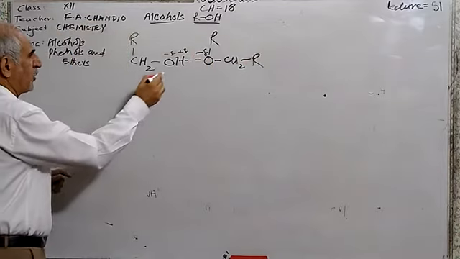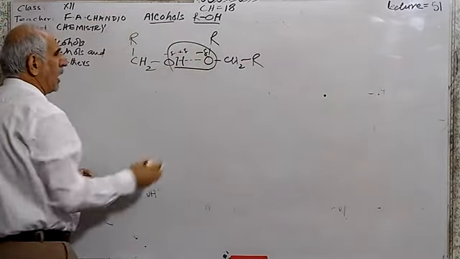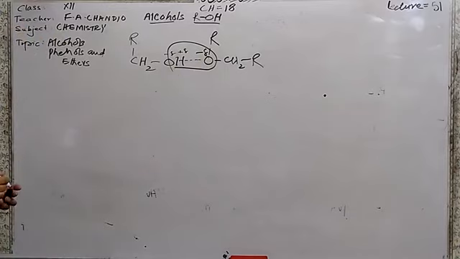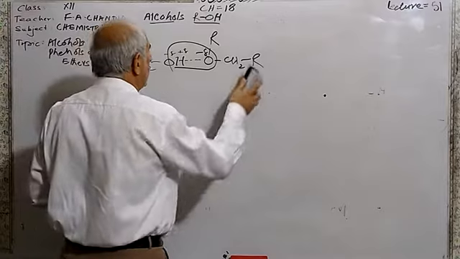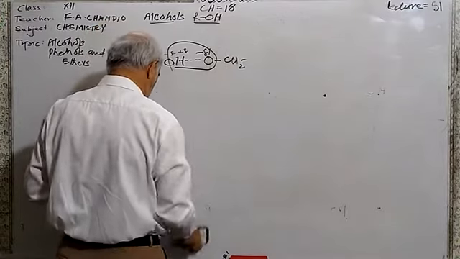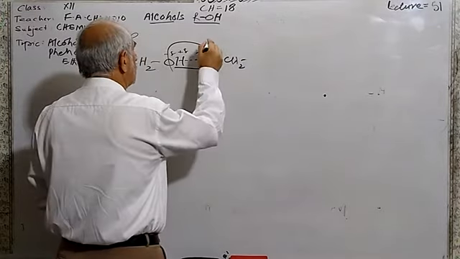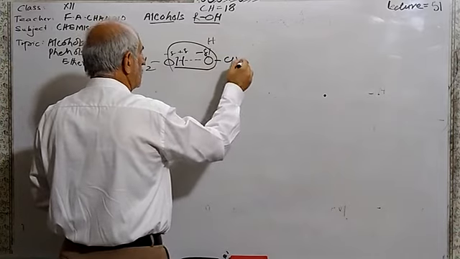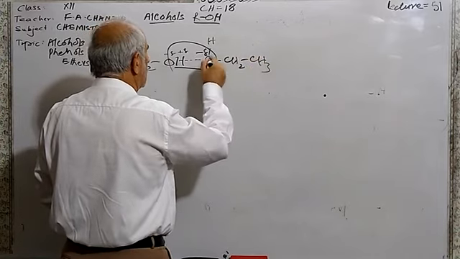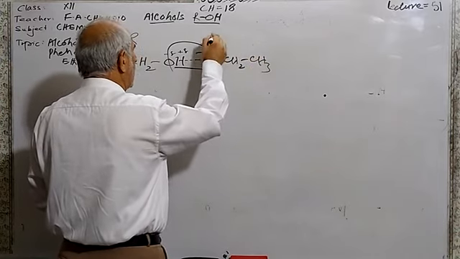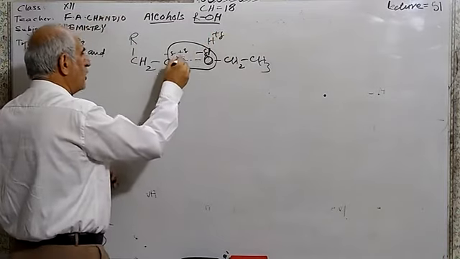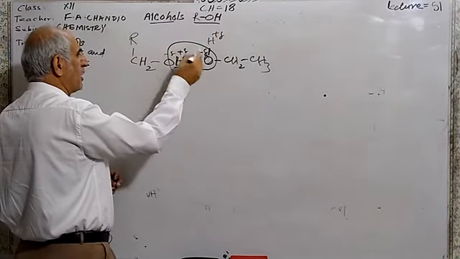So this is the hydrogen bonding between the hydrogen of one alcohol and the oxygen of the other alcohol group. This is the alcohol group with partial negative charge and partial positive charge on the hydrogen.